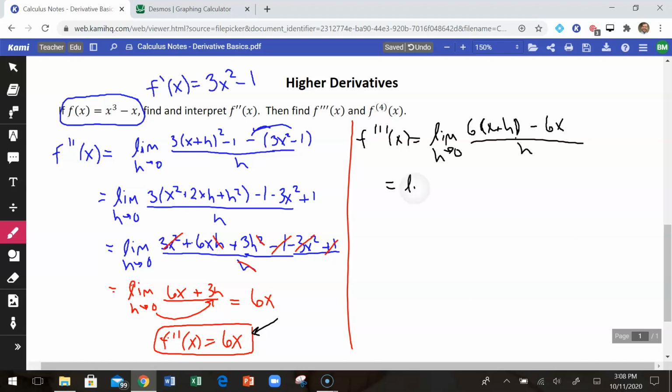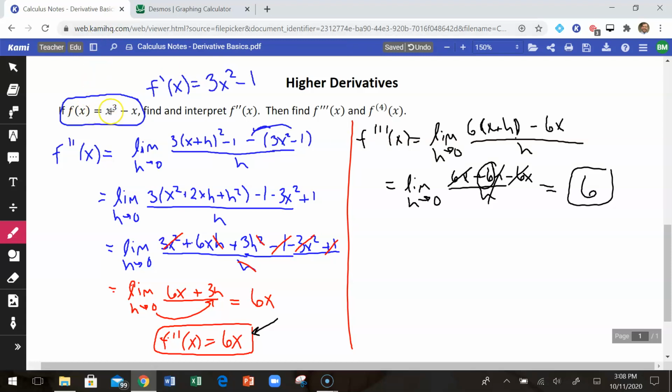And again, we get something that's going to simplify really nicely here. Limit as h approaches 0 of 6x plus 6h minus 6x all over h. Your 6x and minus 6x will cancel. Your h's cancel. You just have 6. So when you evaluate the limit, there's nothing to plug in 0 for, so I just am going to end up with 6. So that's my third derivative. It's just 6.